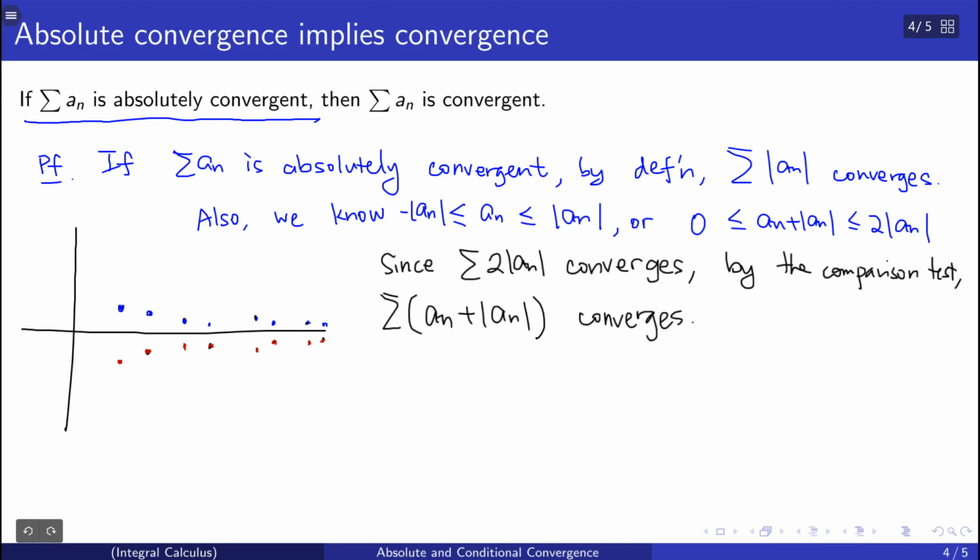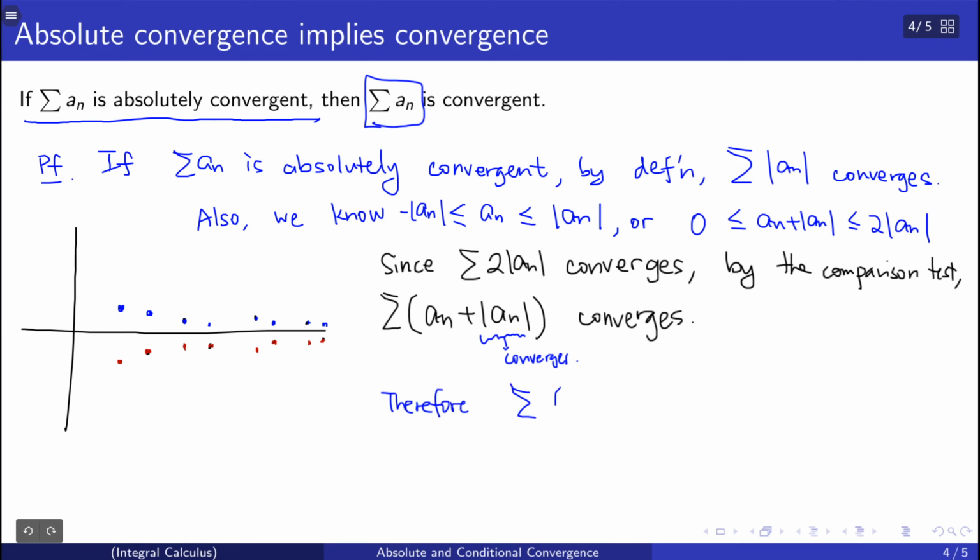So we're close. In the end, we want not the absolute value, we want the regular series, sum a_n, to converge. Well, now we know a_n plus absolute value a_n converges, and we know this part converges as well. So what I'm going to do is just subtract.